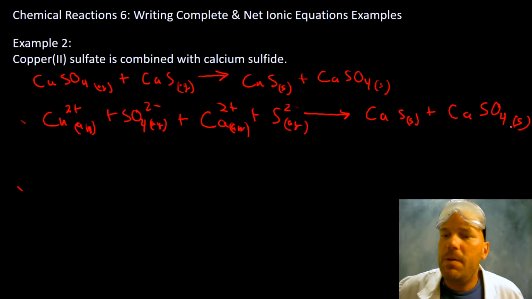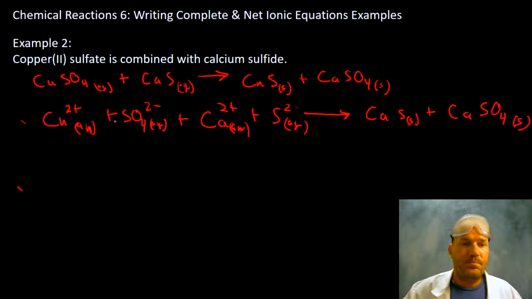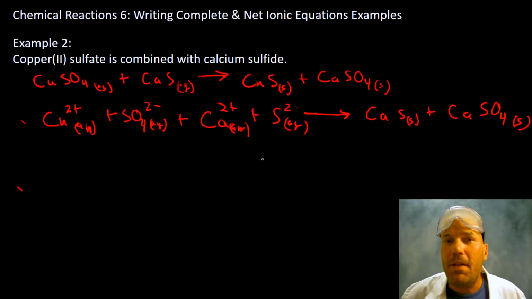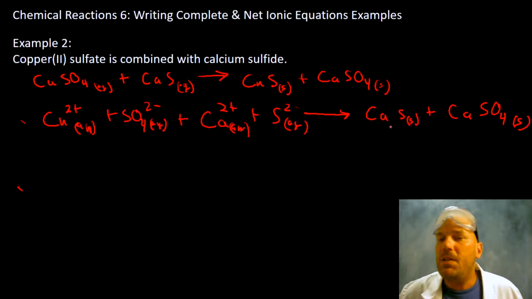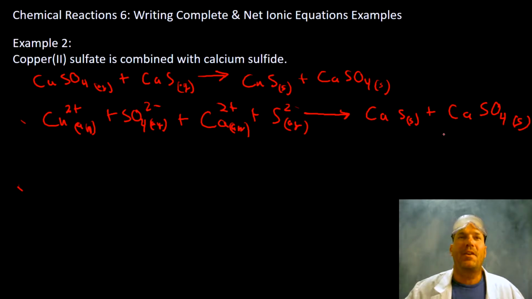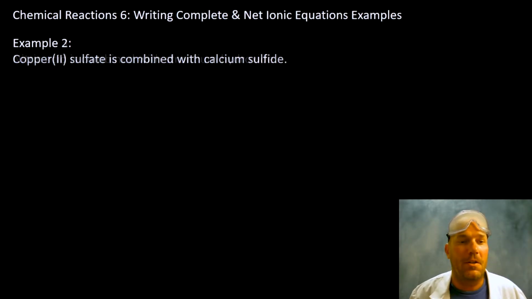They're both precipitates, all right? So when you go through and you look for spectators, you don't have any. You don't have any because every one of these species is participating in this double precipitation reaction. Pretty cool. Not very common, but they do exist, so worth mentioning for sure.